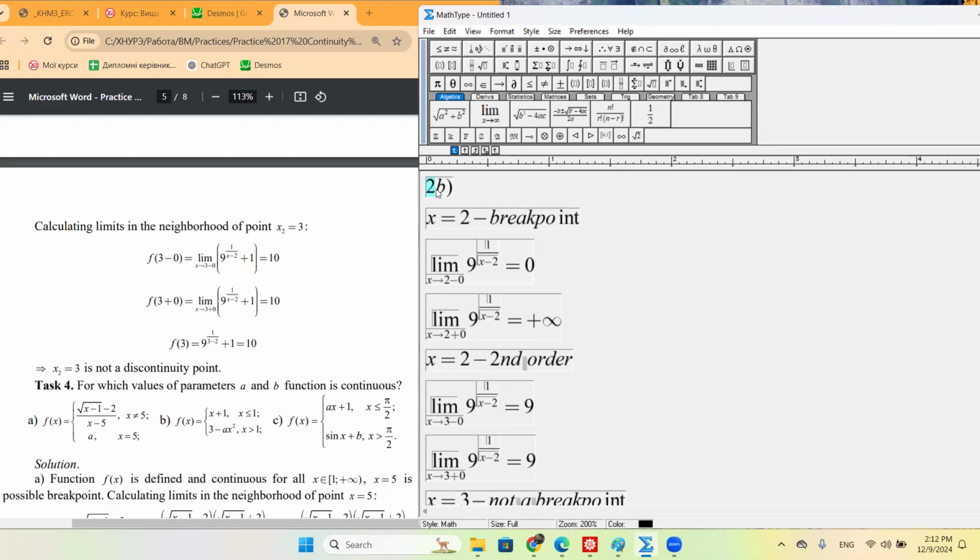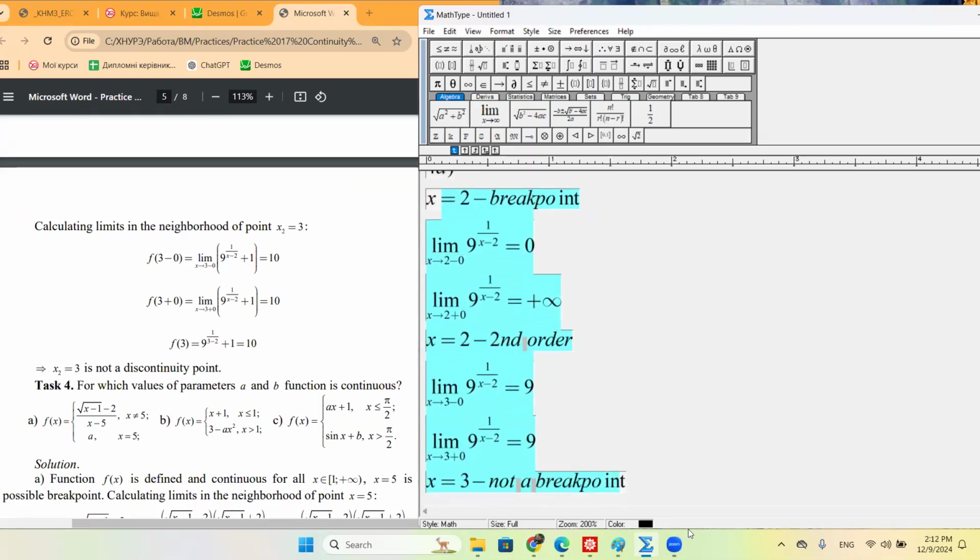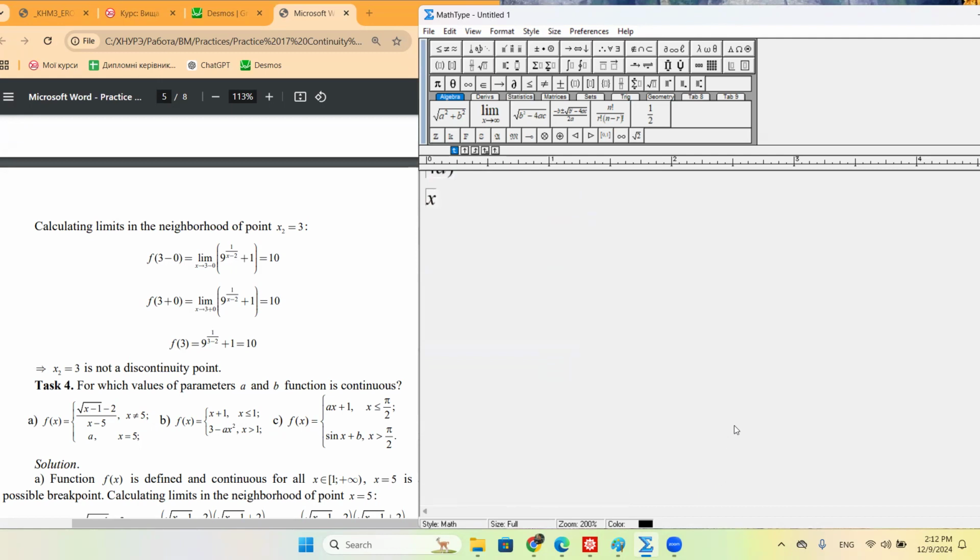Okay, and now moving to a more interesting task. We need to investigate for which values of the parameter the function is continuous. Basically, as we can see, x equals 5 is a breakpoint. So we need to calculate the limit in the neighborhood of x equals 5.